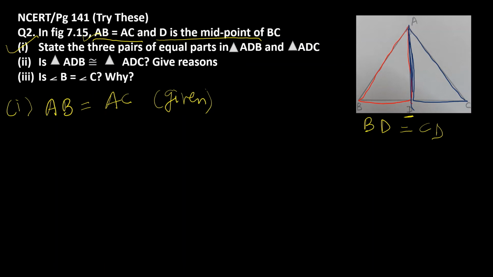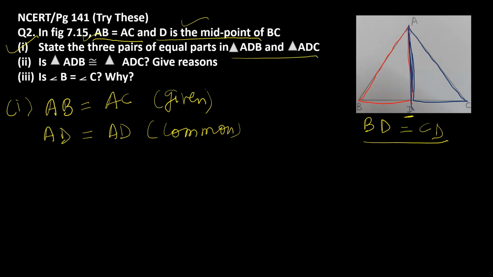Now we are writing AD is equal to AD, which is common, and we have already written BD is equal to CD, because D is a midpoint. But make sure about the order in which you are writing. So you can give the reason as D is a midpoint of BC, so BD will be equal to CD.